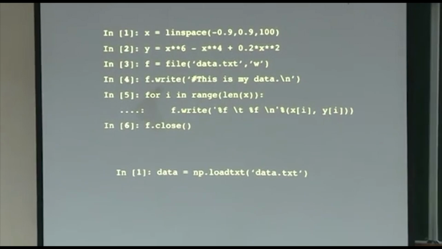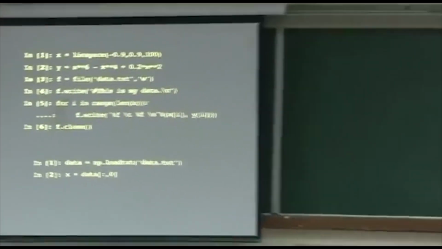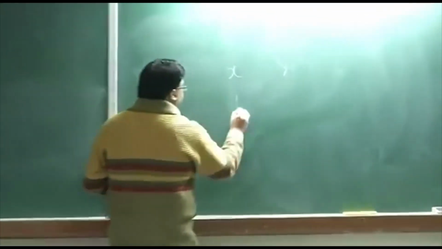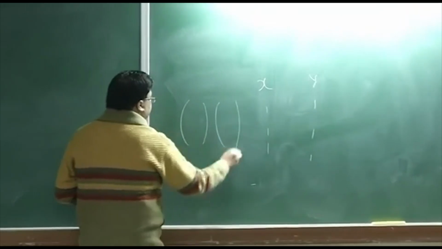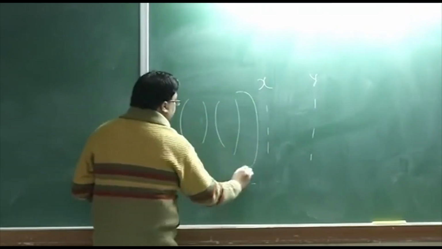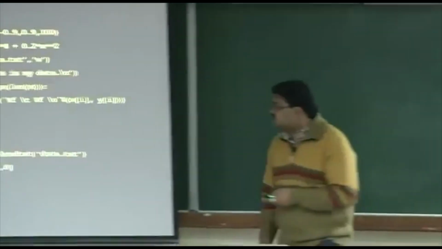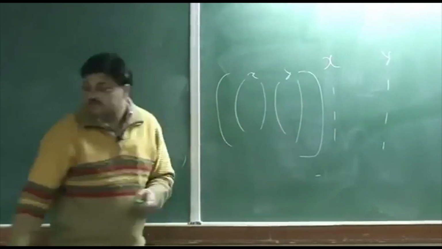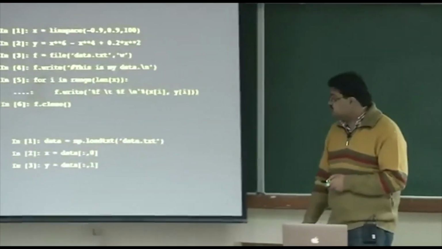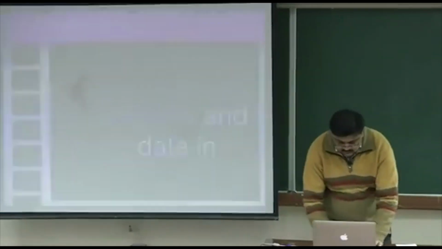It will take the whole 2D array, so if you have x and y, these two vectors will be inside one array. Now you can use data[:,0], which will take the x data, and data[:,1] will take the y data. I will demonstrate this.